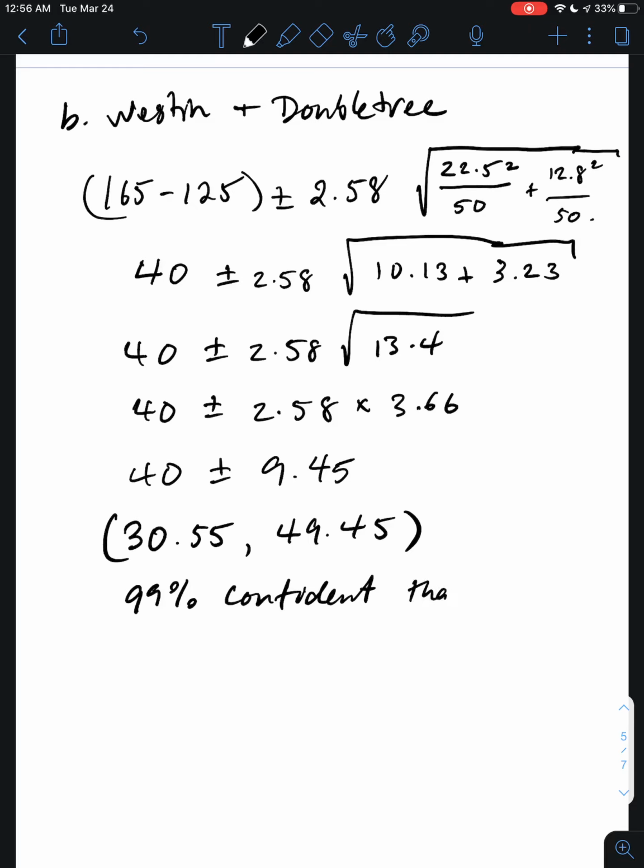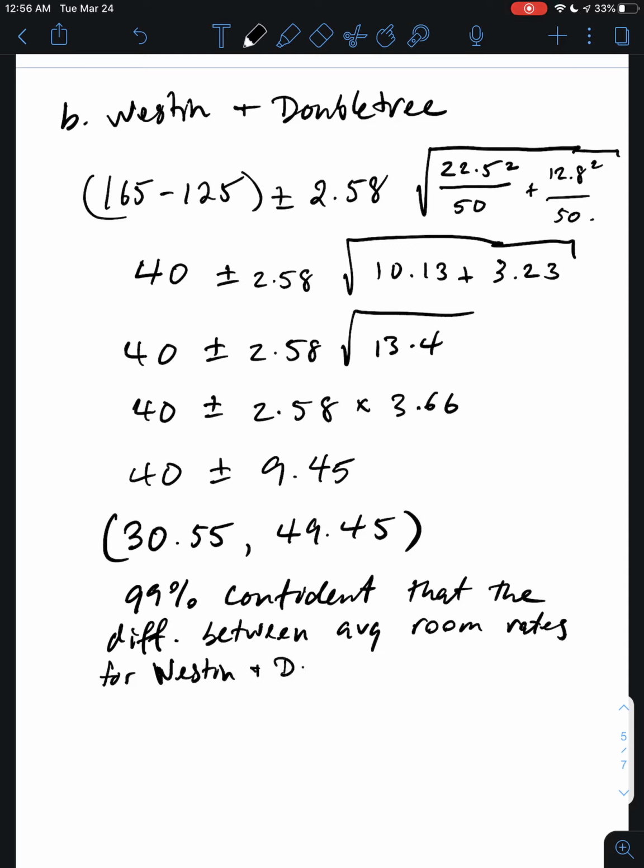So we're 99% confident that the difference between average room rates for Weston and Doubletree is in the interval between, let's just say, roughly speaking, $30 and $50.